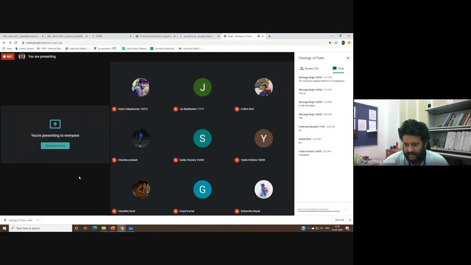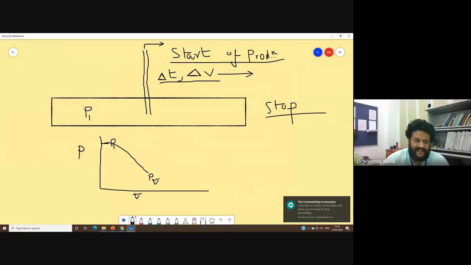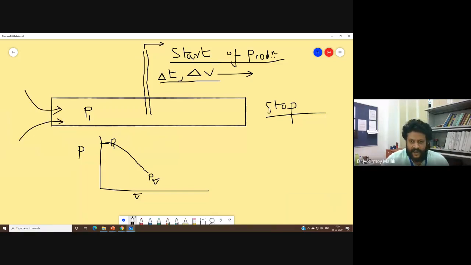The pressure will actually increase. You can think of it that, with time, fluid from other parts of the reservoir will start to flow into the reservoir. If I stop this well, with time, PT will again start to rise, and it will tend to reach PI.